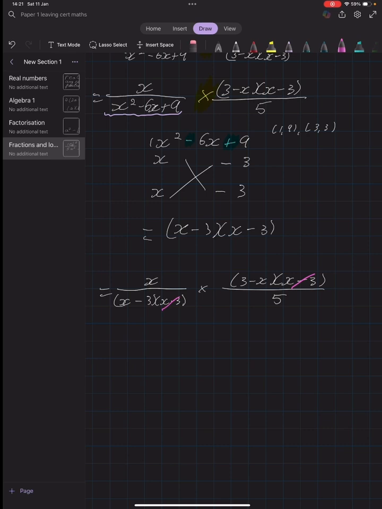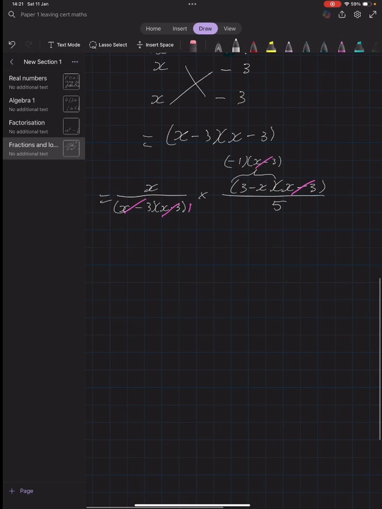This thing is equal to minus 1 multiplied by x minus 3. And so this thing cancels with that. Okay, so all in all, I'm left with x over 1 multiplied by minus 1 over 5, which is just minus x over 5. And that then is the final answer.